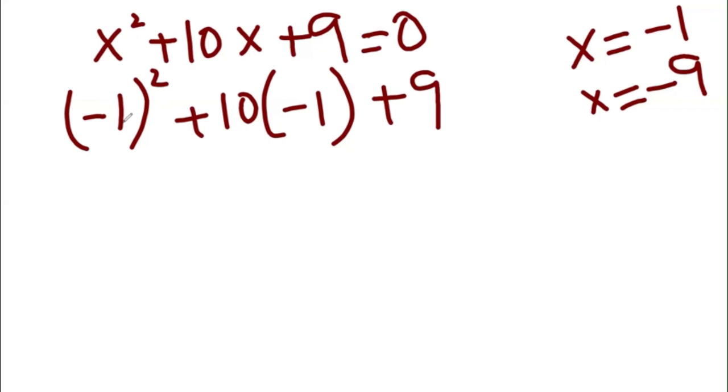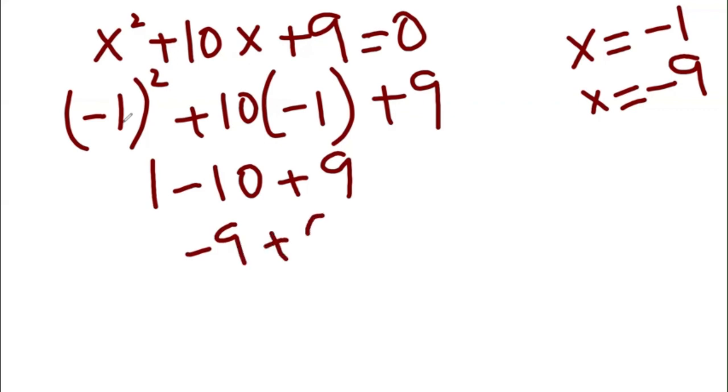What is the square of -1? The square of -1 is 1. 10 multiplied by -1 will give you -10. And here you can see 1 minus 10 is -9. -9 and +9 will give you 0. And 0 is there on the right-hand side, and 0 again you are getting. Okay, it means x equals -1 is the correct solution.